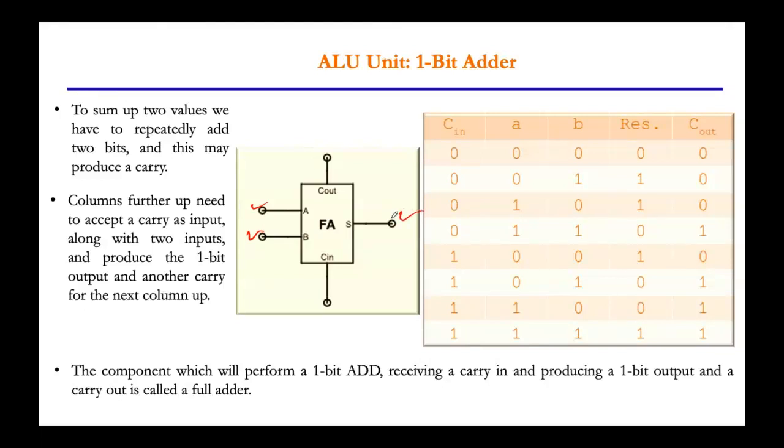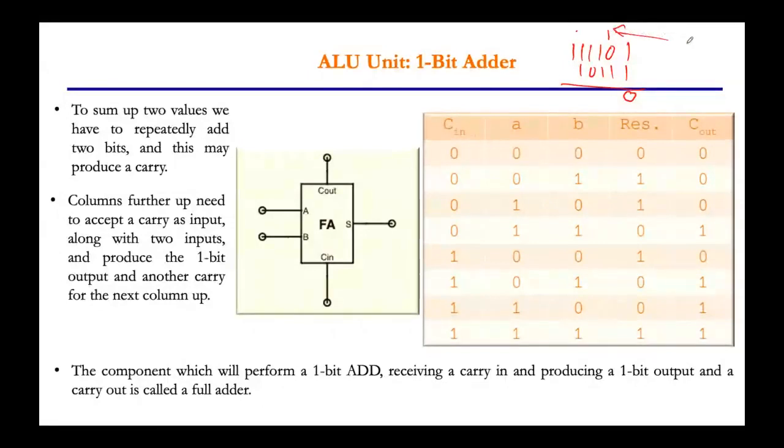If you consider the previous example, 1 1 1 1 0 1 and 1 0 1 1 1, when performing the 1-bit adder, 1 plus 1 we add, it is 2. So 2 is represented as 1 0. So 0 is here and 1 is here.